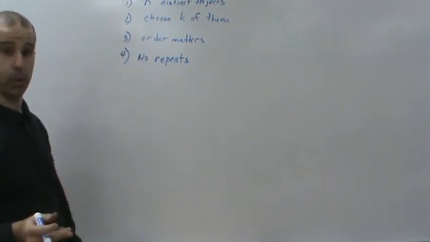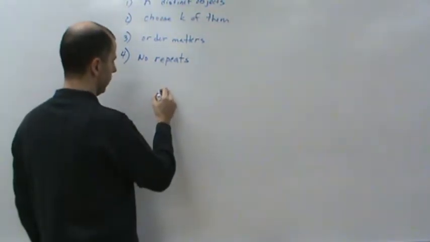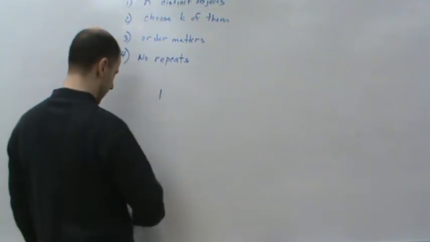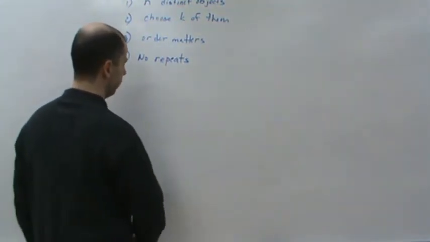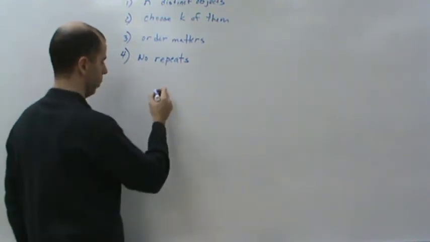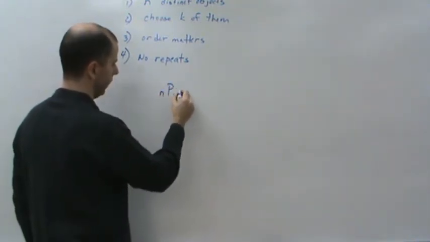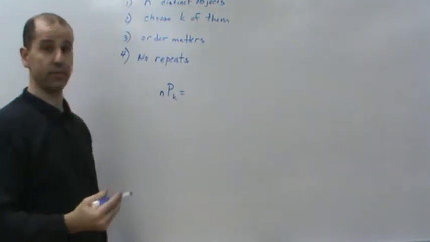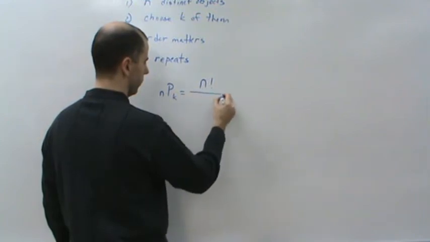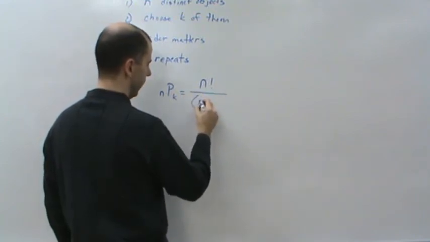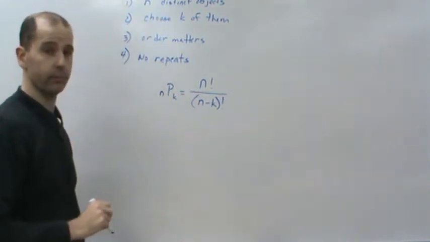Then the number of permutations is going to be nPk. So the formula is this, the general formula: n factorial divided by (n minus k) factorial.